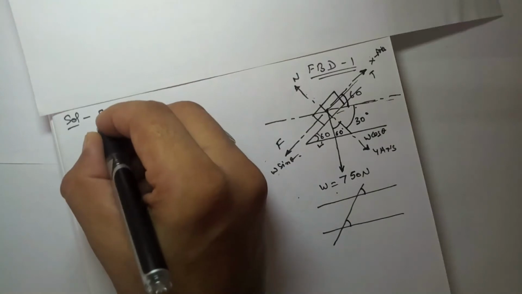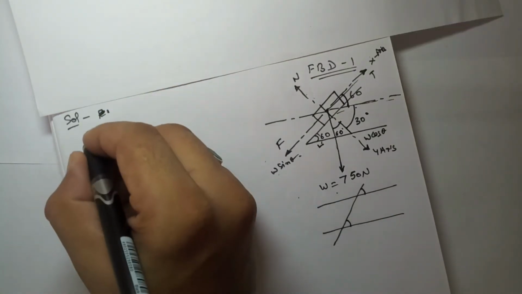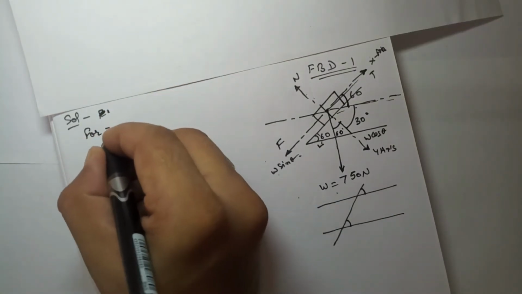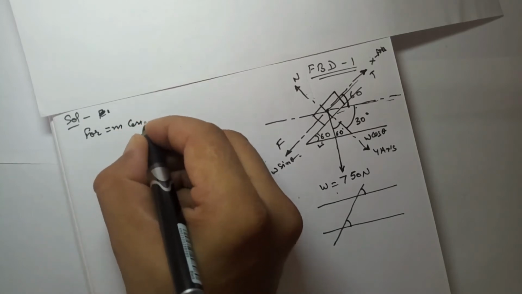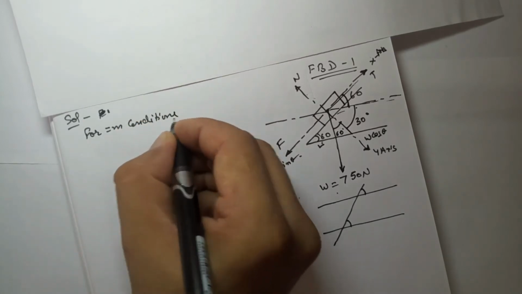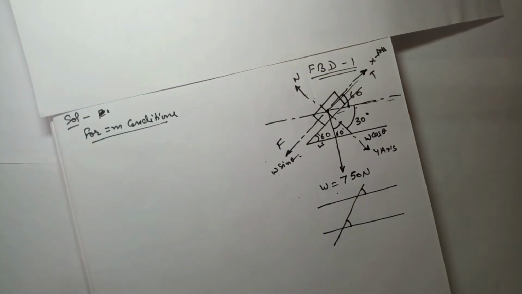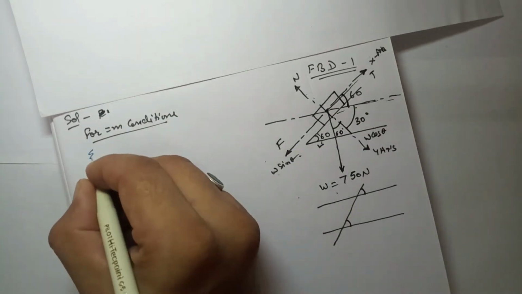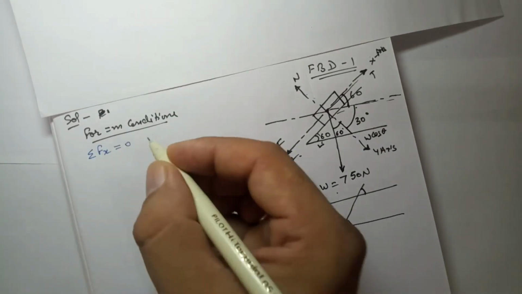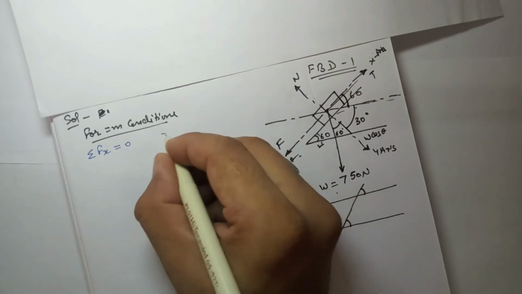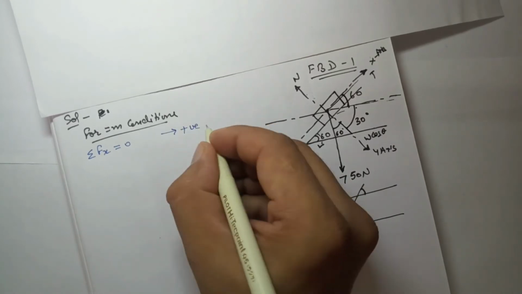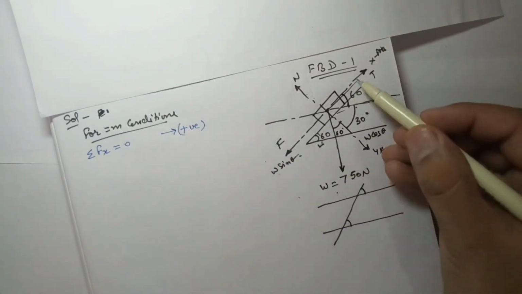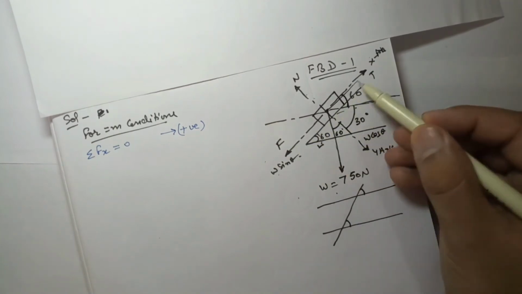Now we will write the equation for equilibrium. We solve all the numericals assuming the system is in equilibrium. So for equilibrium, for the one object only, we know that the sum of all x-direction forces is 0. Let's say the right side is positive. So for the x-axis, this will be the x-axis and this will be the right side.